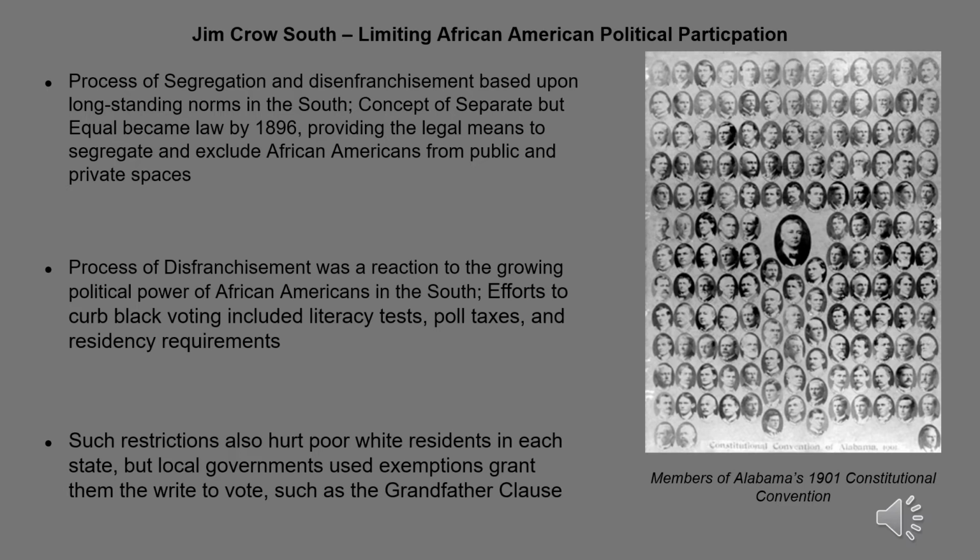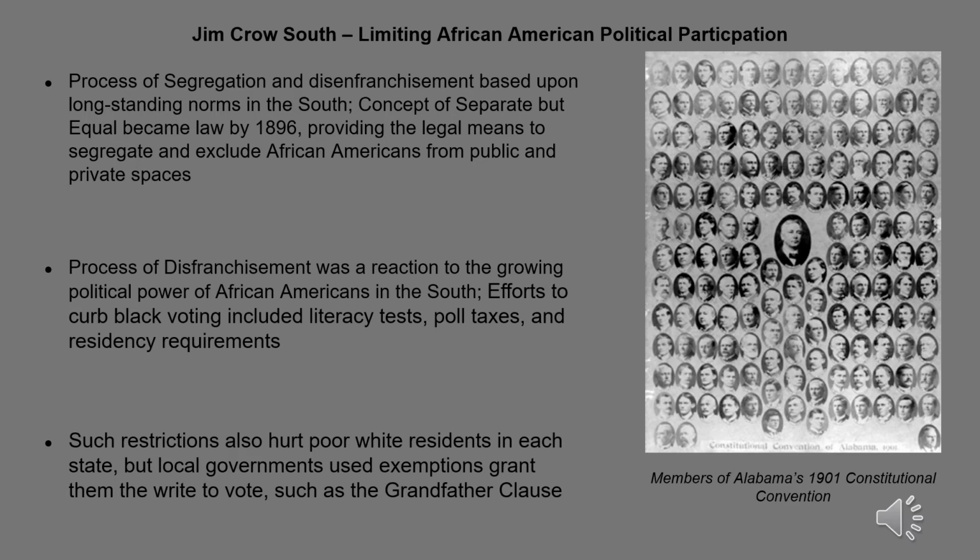Now, there were ways around this, right? Especially because you have to think that a lot of these rules would apply to poor whites as well, literacy and poll taxes. And how they would get around that was by putting in certain clauses designed to ensure that we can pass laws designed to limit the voting rights of people with less money, but ensure that we have certain clauses in place that allow the white population to get around those rules, the loopholes.